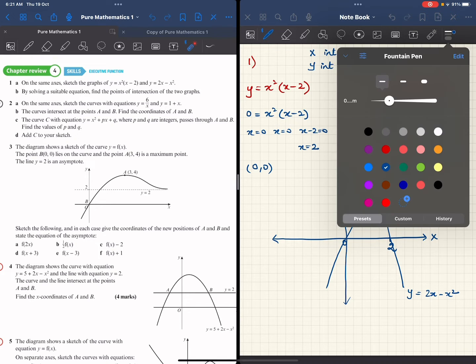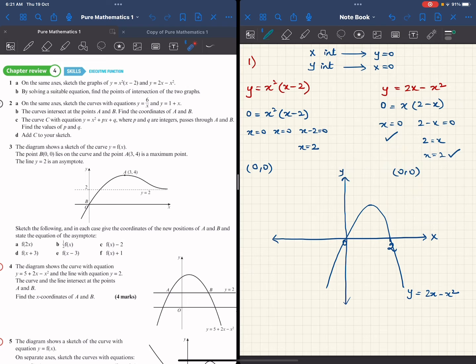Now let's move on to our cubic curve, y equals x squared into x minus 2. The graph is passing through 0 and 2. Now, in order to find the direction of the cubic curve, we can plug in any positive value for x. Say the easiest positive x value is 10.